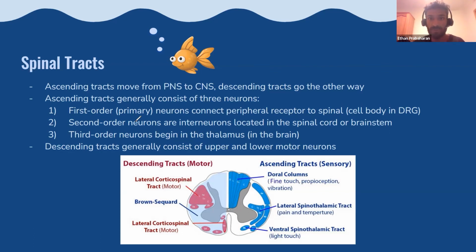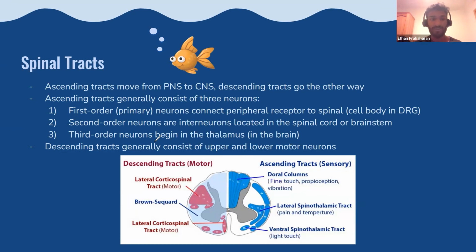Once the nerve's in the spine, it synapses onto a second order neuron, and that will move the signal up the spine into the thalamus, which is in your brain. And third order neurons will begin in the thalamus and transmit signals to the relevant brain center, which might be the primary sensory cortex.